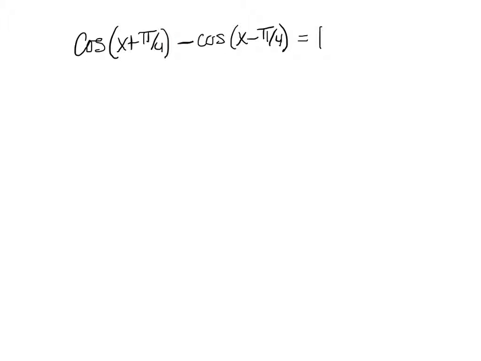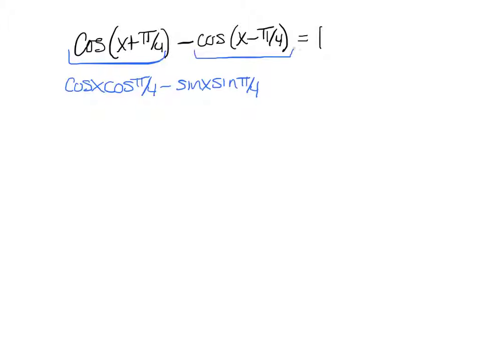So here we go. Let's do the sum formula for the cosine of x plus pi over 4. So the sum formula says I'm going to go the cosine of the first one times the cosine of the second one minus the sine of the first one times the sine of the second one. Now when I do the formula here, this minus sign is going to apply to everything. So I'm going to put a big parenthesis there, and then I'll distribute that minus sign later.